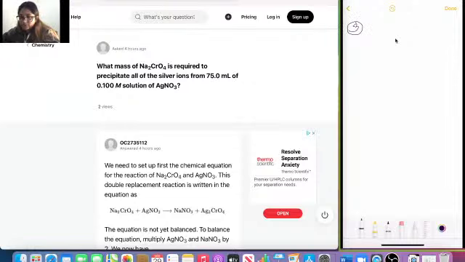Okay, so our next question here says, what mass of sodium chromate is required to precipitate all of the silver ions from 75 milliliters of 0.1 molar concentration solution of silver nitrate.